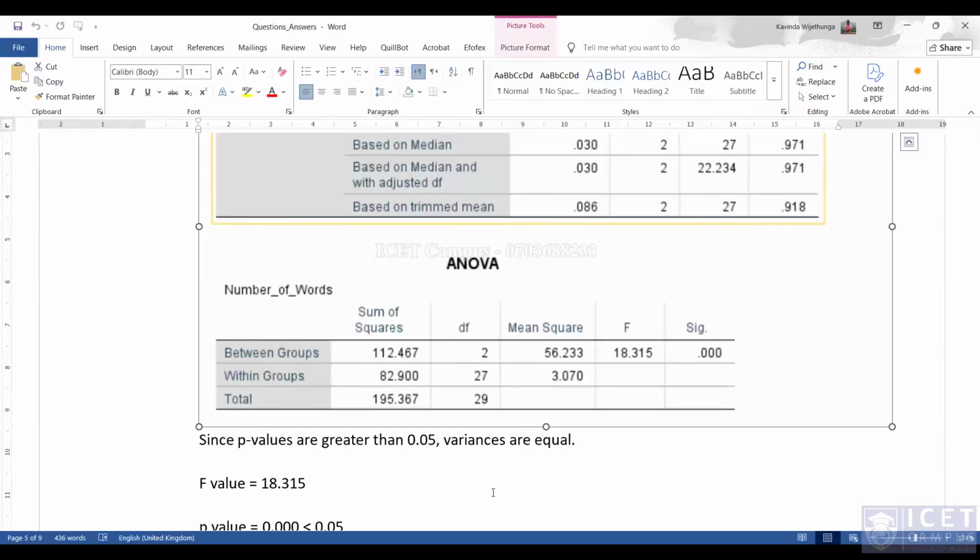And the other thing is, when we are performing an ANOVA, right. So we can go for the output.